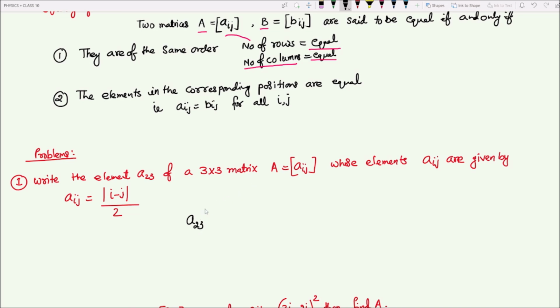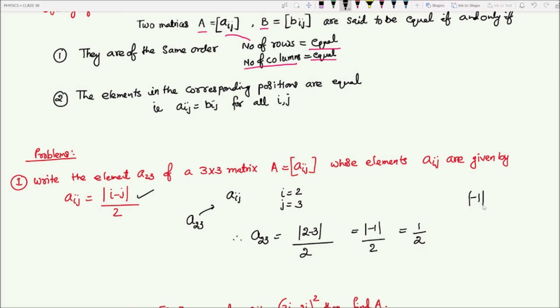Here the value of i is 2 and the value of j is 3. Therefore A23 is equal to mod of 2 minus 3, divided by 2. 2 minus 3 is minus 1, and the mod of minus 1 is always a positive quantity, so it is 1 divided by 2.